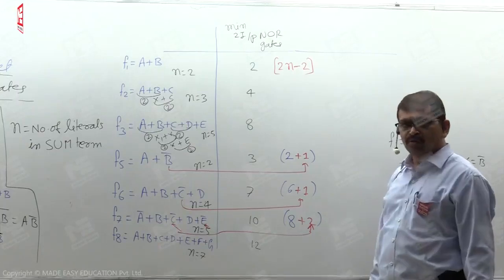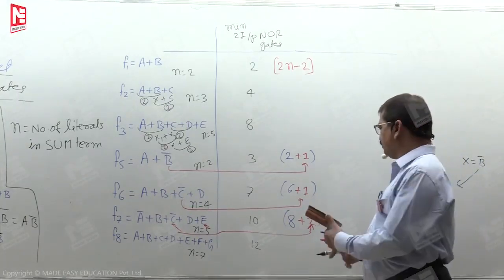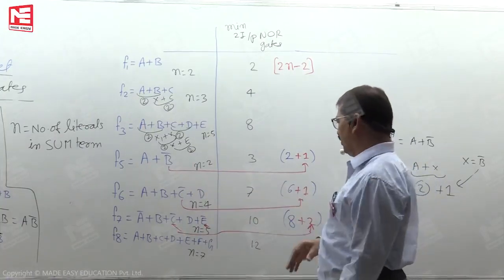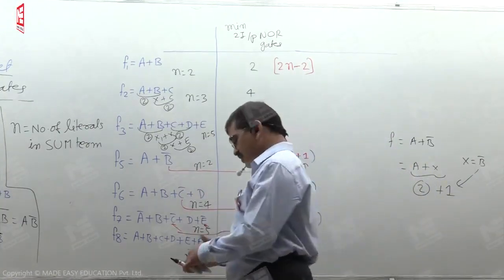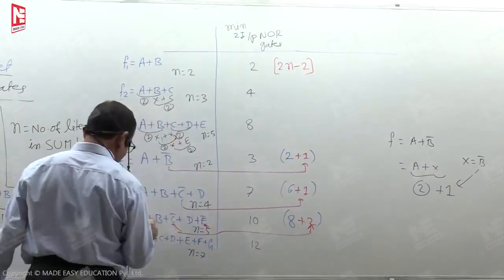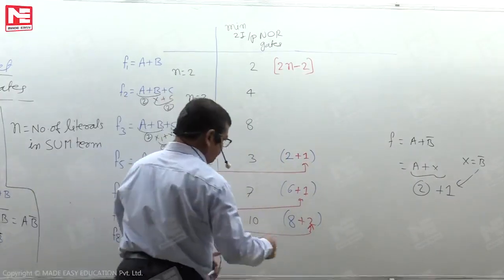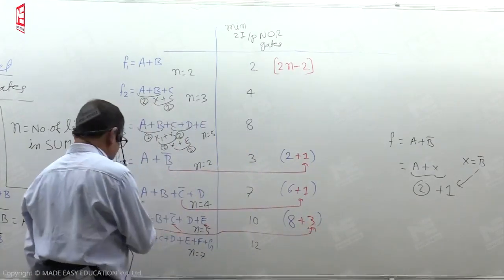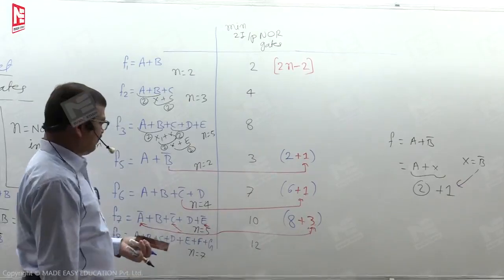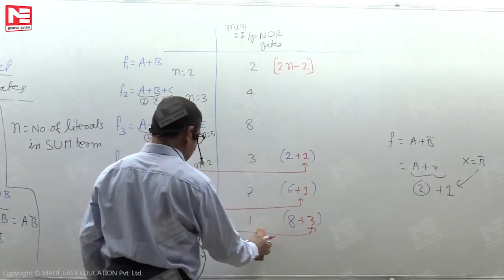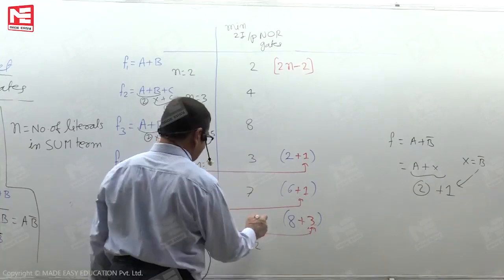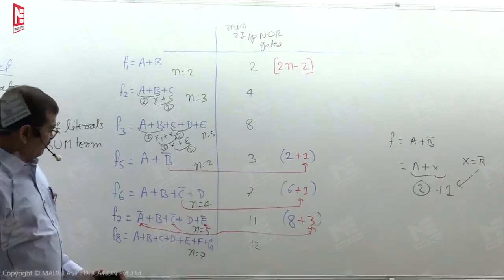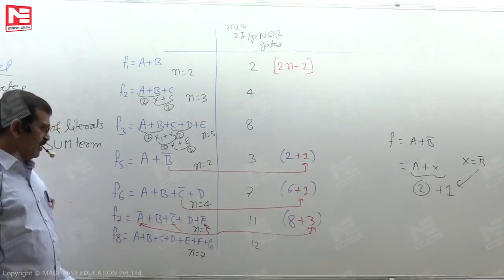If we have complement on 2 variables, we need 2 gates. If we have complement on a single variable, we need 1. I mentioned complement even on A, so it will be 3, not 2. So 8 plus 3, it is 11. It is not 10, it is 11. We missed earlier that A also has a complement, because of this plus 3.